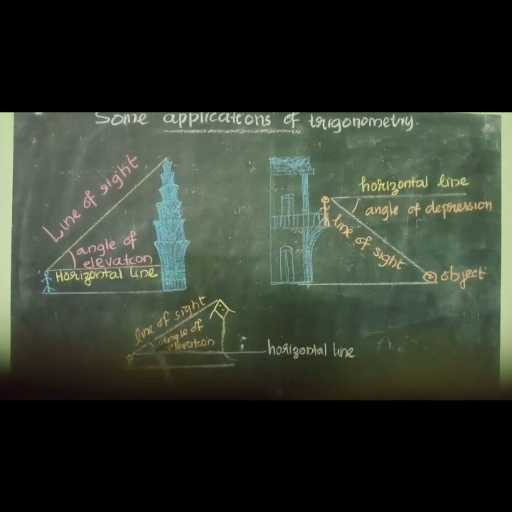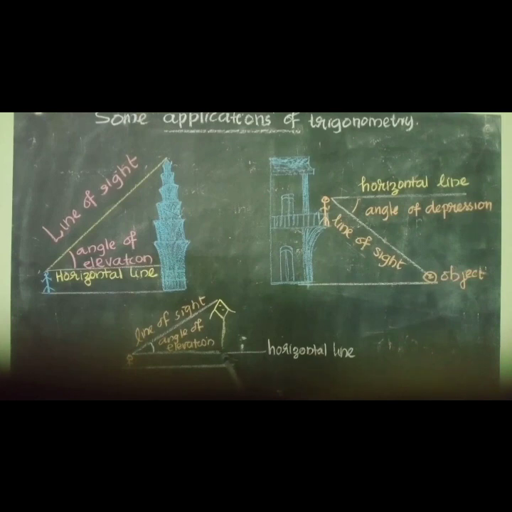Now you see the second figure. One observer is here and he is observing the kite on the sky. So this is the horizontal line. This line segment joining the eye of the observer and the object is the line of sight, and here the angle of elevation.